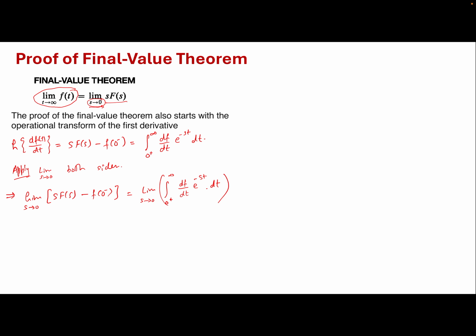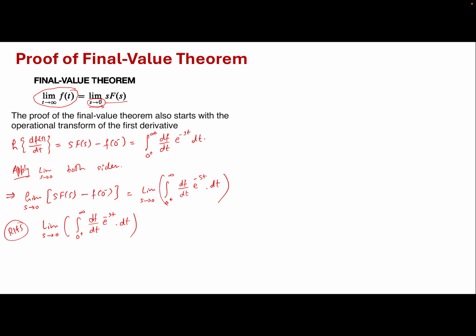So we are again going to start with the right hand side, where I am interested in finding the limit as s approaches 0 of the integral from 0 positive to infinity of df over dt times e raised to the power minus st times dt.